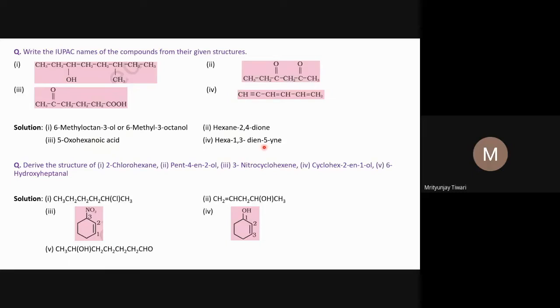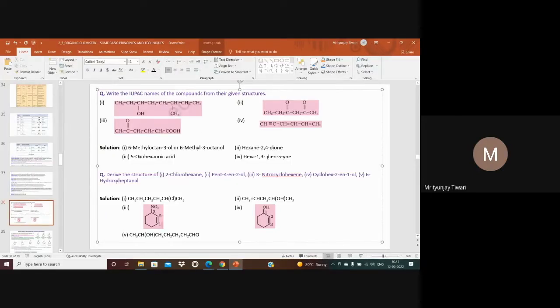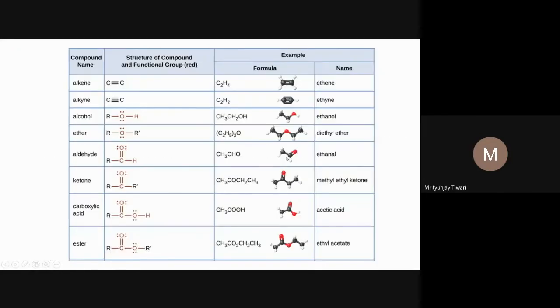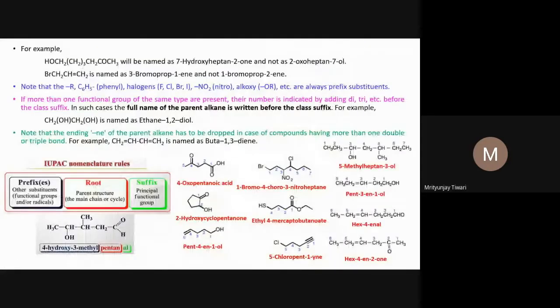So by mistake there is a space. It is hexane, 6 carbon atoms, so hexa. As we have seen in the rule for compounds having multiple double and triple bonds, the "ne" of the parent alkane has to be dropped in case of compounds having more than one double or triple bond.